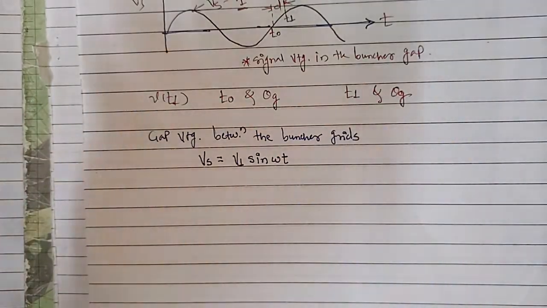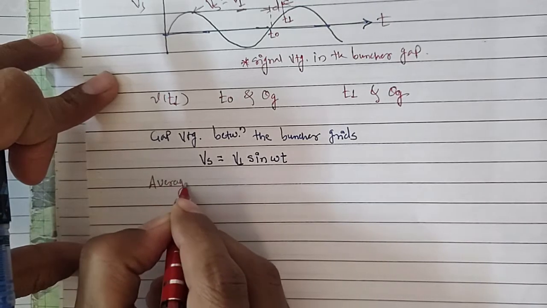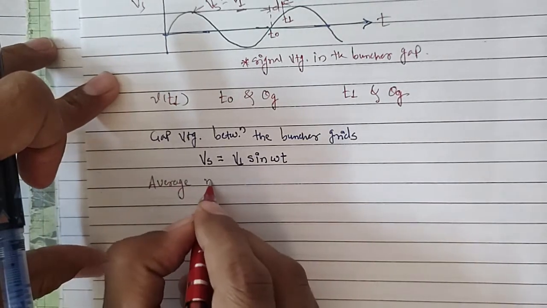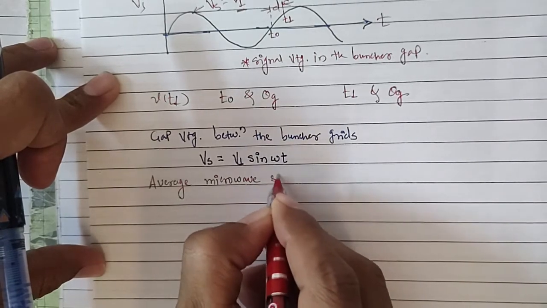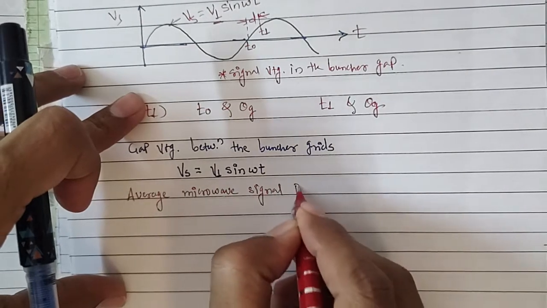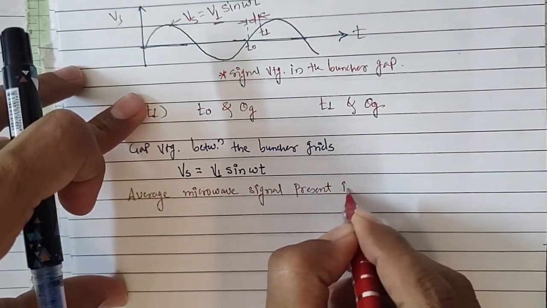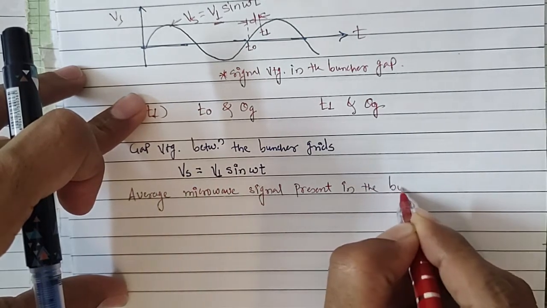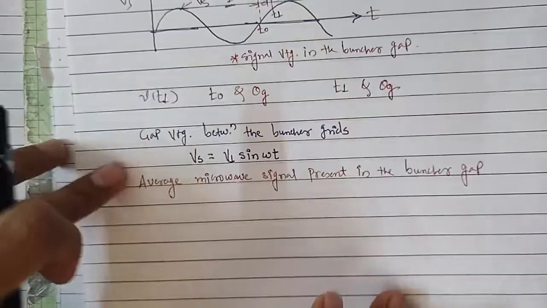Now we will obtain the average microwave signal present in the buncher gap.